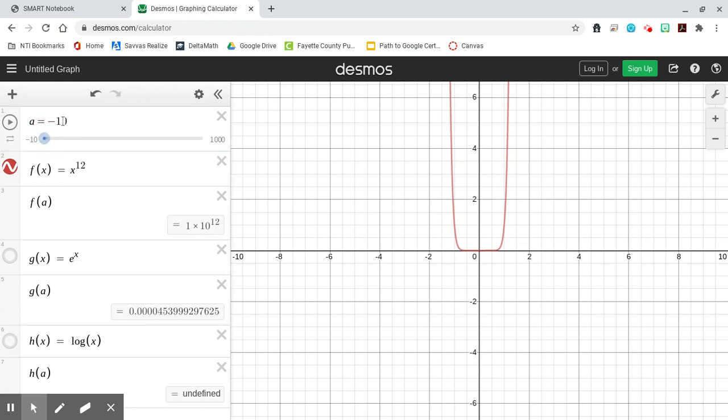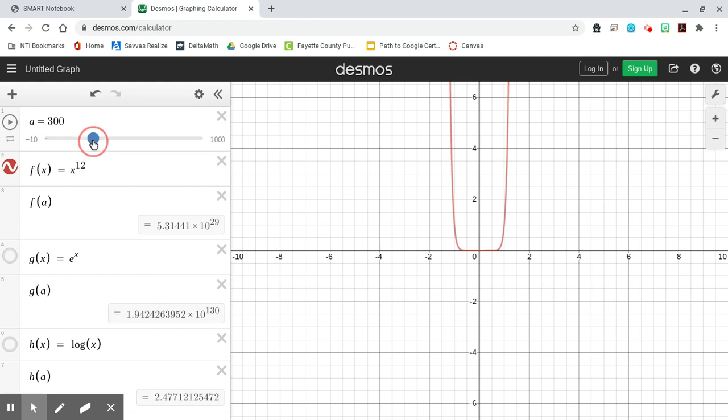So that means if I want to evaluate the function f of x equals x squared, then I would substitute in negative 10 for the x. And this line right here shows me what I get. So like if I were to say, what is f of 300? I can just look at this line and say it's 5.31 times 10 to the 29th. So the red function, that is our polynomial function.